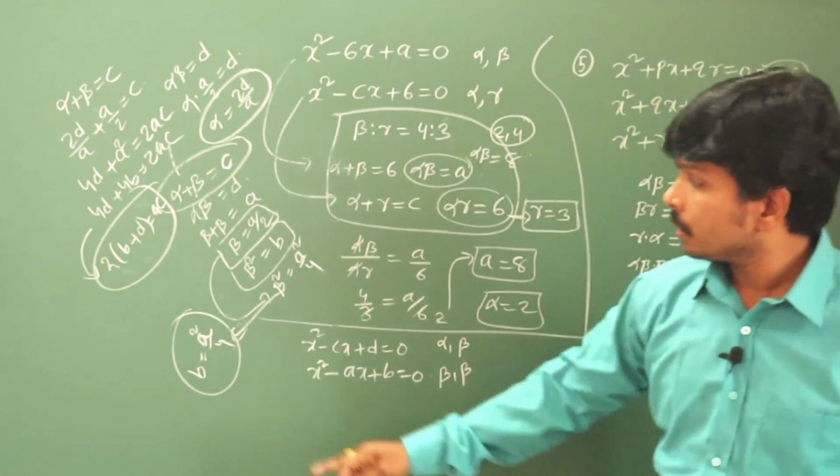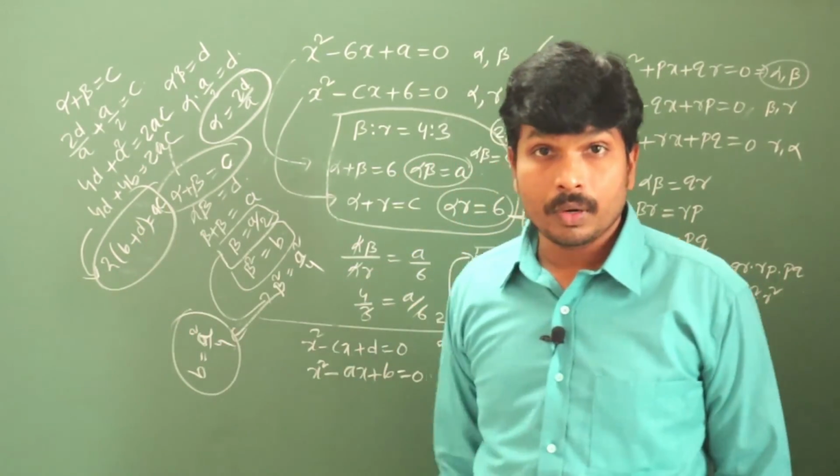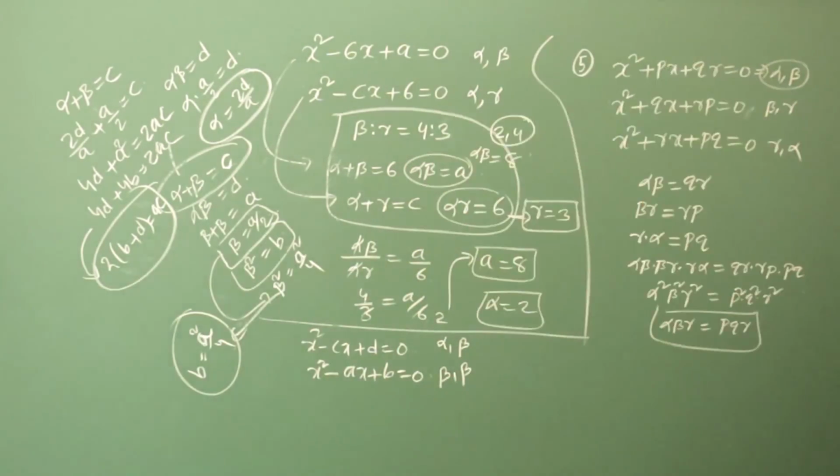Very logical question. 2 times of B plus D equals AC. Which option? Yes, option B.